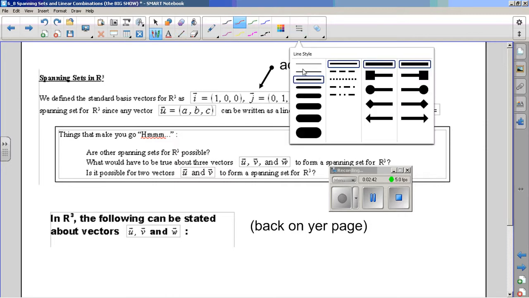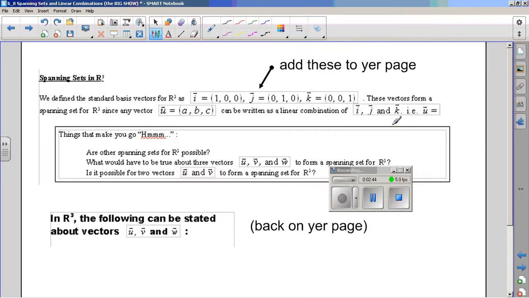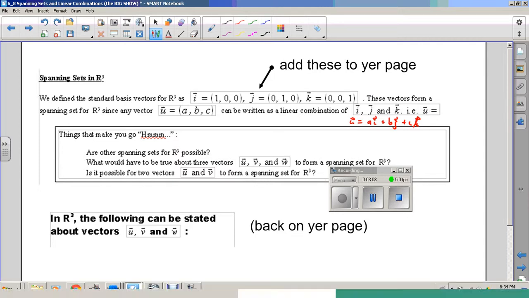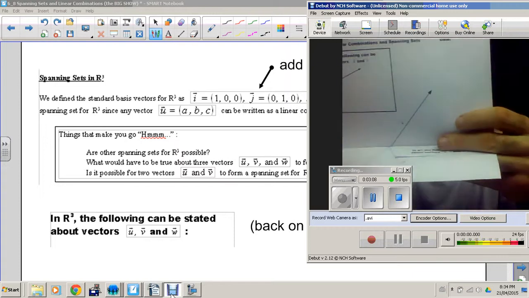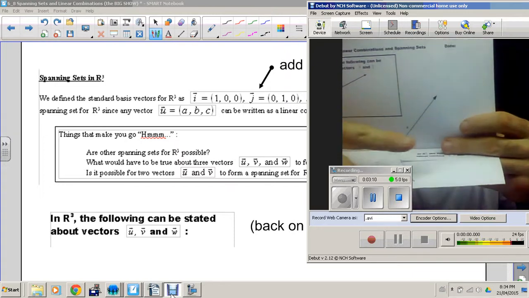Because it was easy then, we just sort of picked out the coordinates, and we could say that u was equal to ai plus bj plus ck, where these i, j, and k were unit vectors in the direction of the x, y, and z axis. So if I had my picture here, back to the picture, then the x-axis is the one pointing this way.